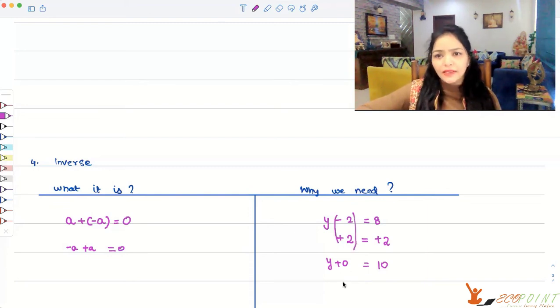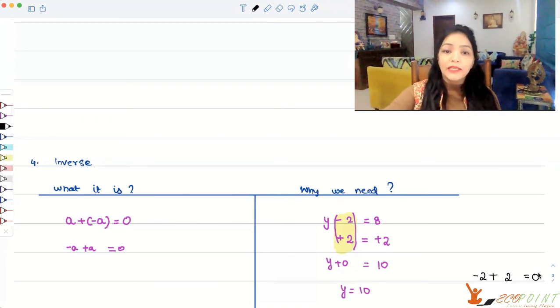Since 0 is the additive identity, I know that y is equal to 10. Here we are also able to get something apart from identity, which is inverse. The concept of inverse also comes out of here. So minus 2 is the real number that you started off with. If you add the number 2 to it, you will get the identity element 0. So that's what an inverse is.